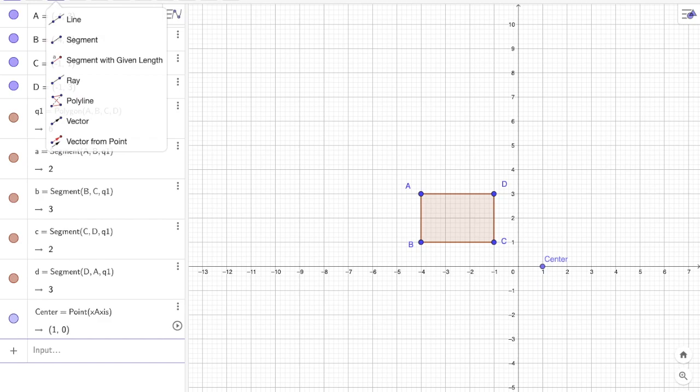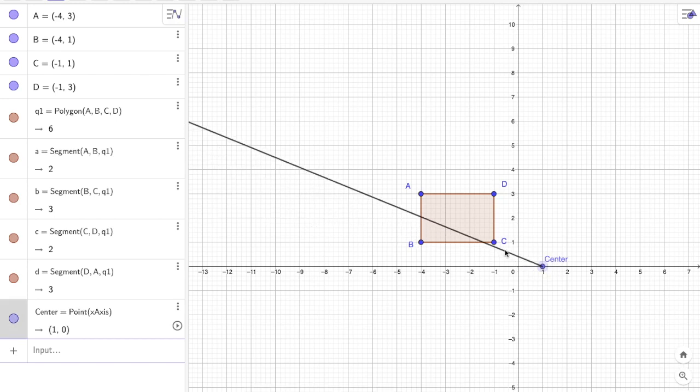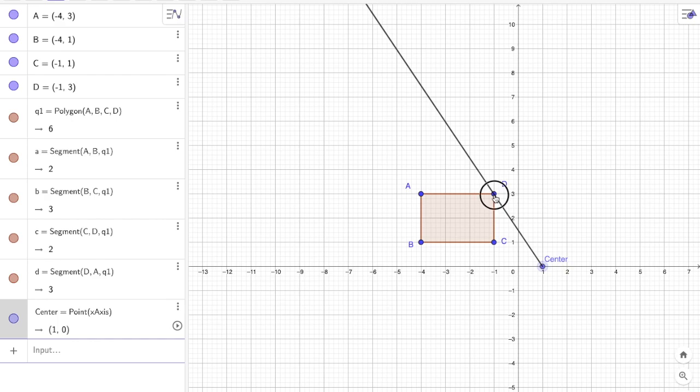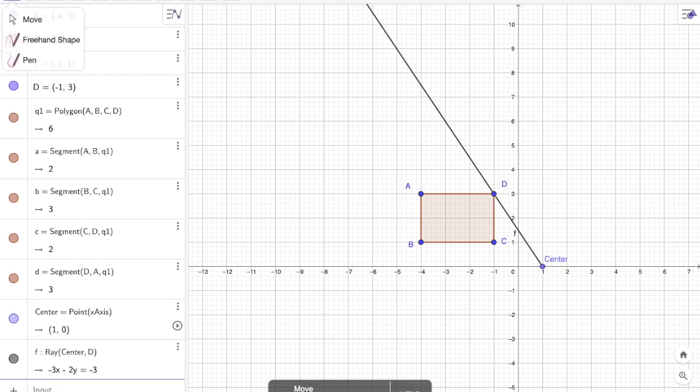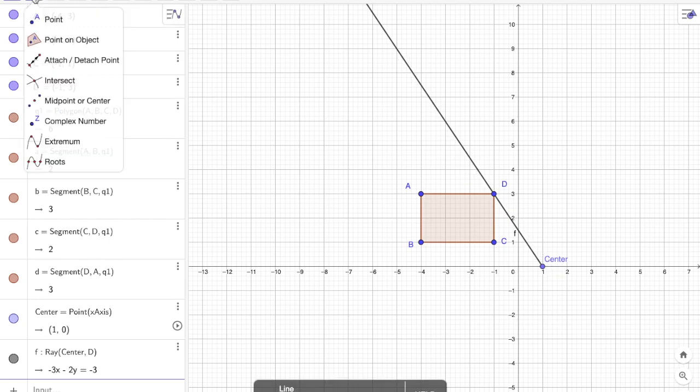So again, from our broken dilation activity, we saw that the line that connects the center of dilation to the pre-image and the image should all lie on the same line. So we know that D prime is going to be somewhere on this line, and our next job is to figure out how we're going to find that point D prime.